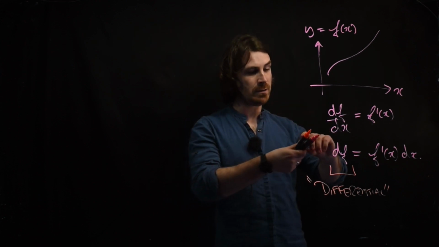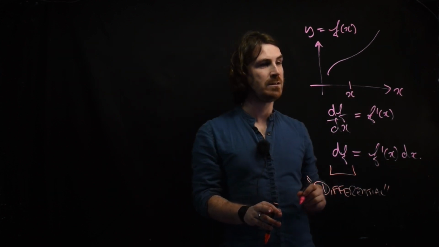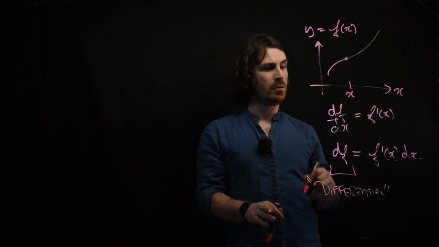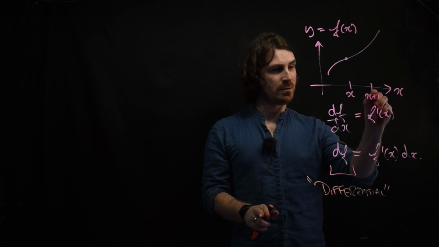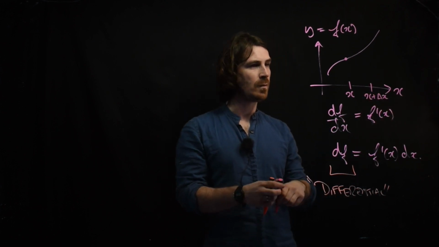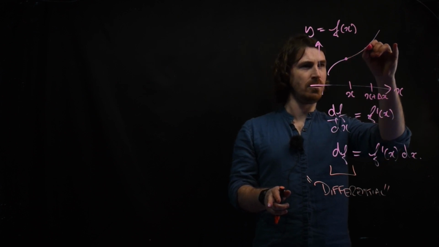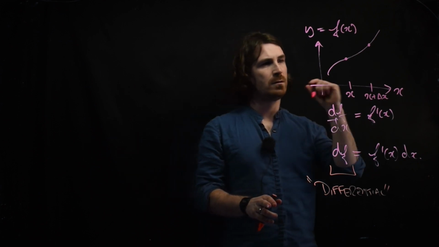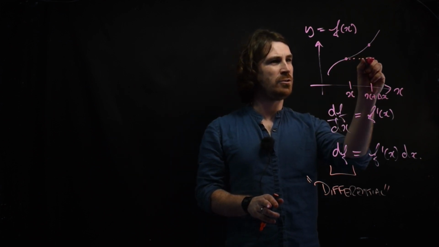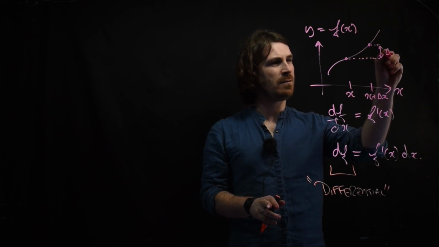So let's say we start with x here. This is x. Then if we change x to x plus delta x, then our function changes from here to here. So the change in the function is this thing, delta f.